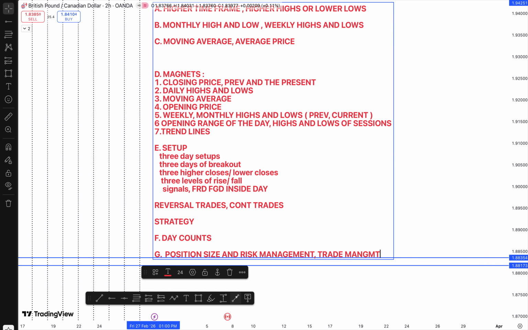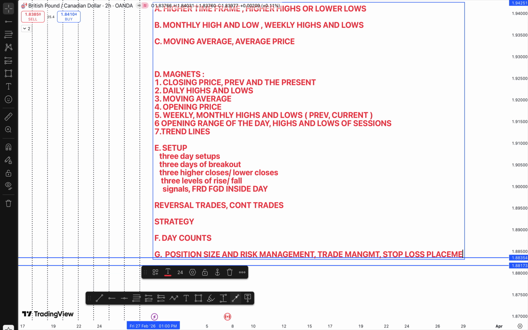We must be able to manage our trades, manage our risk, and position sizing. After doing all of this and it's time to execute, you must identify how much you are willing to lose and your stop loss. Also, stop loss placement is very important.